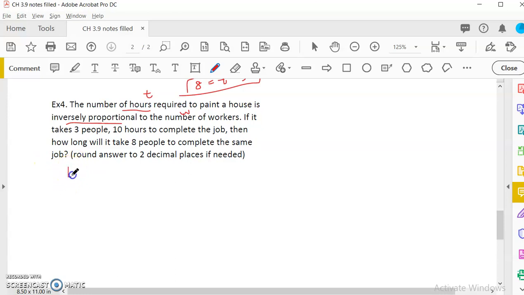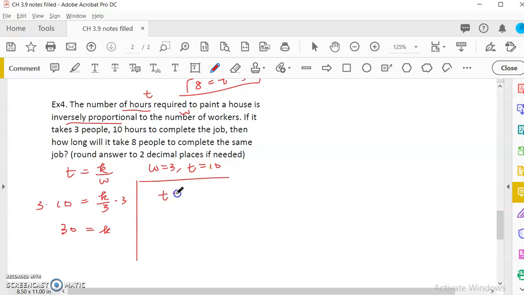So T is inversely proportional to W, and that's the basic equation. It takes 3 people, so W is 3, and the time is 10 hours to finish the job. So 10 equals k over 3. K is equal to 30, because I multiply by 3. Now my equation is T equals 30 over W.